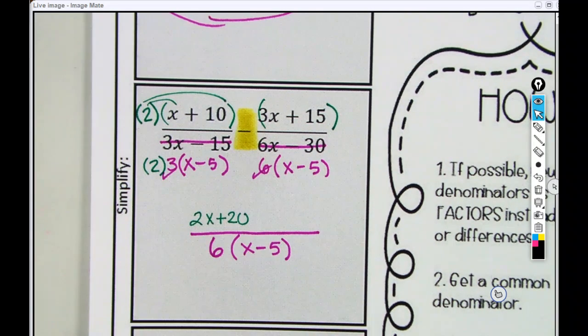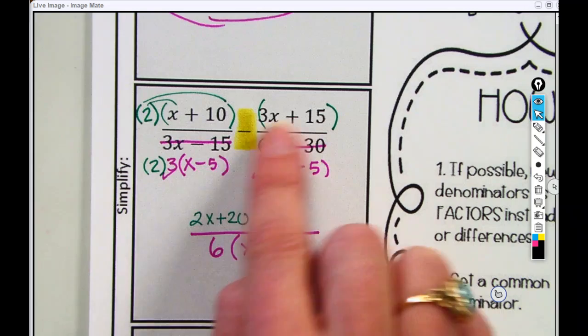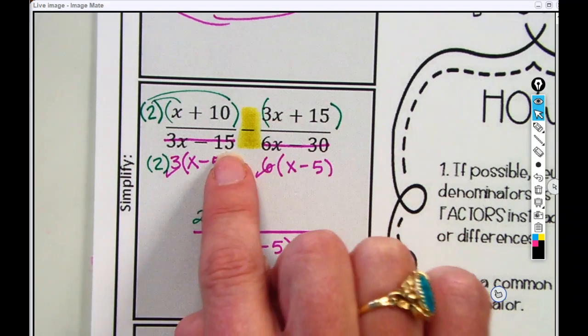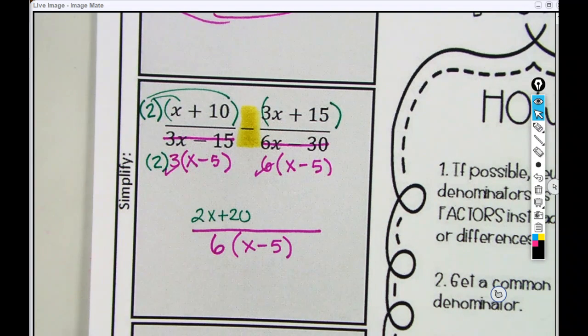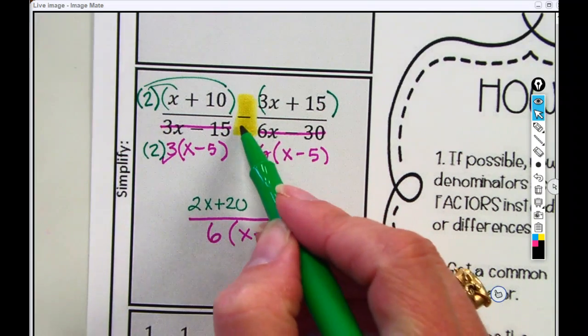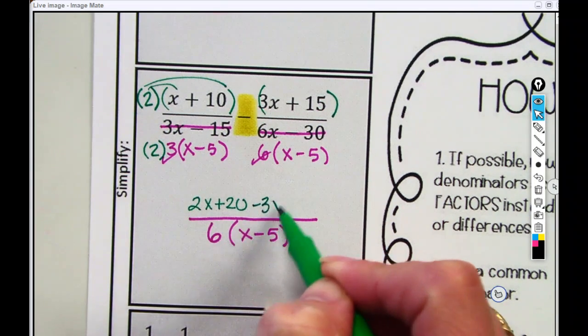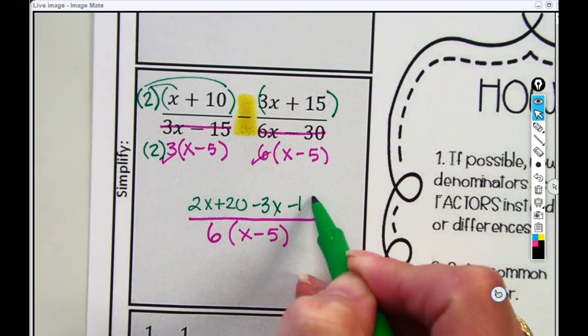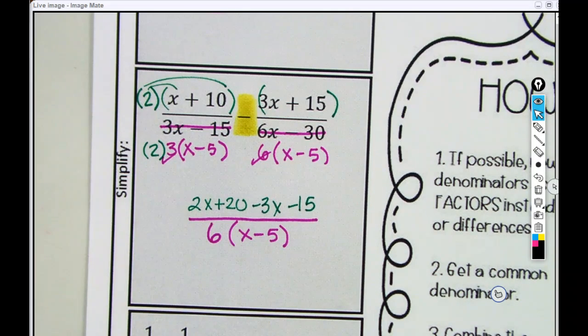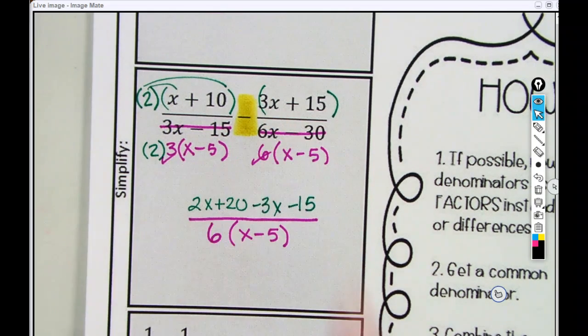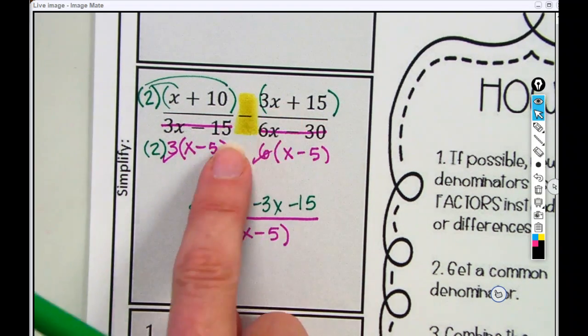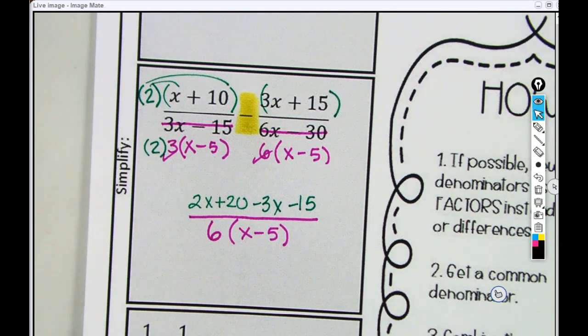So it can only go to one place. So traditionally, we take it to the numerator. So as I write this down, I've got a minus 3x and a minus 15. Those parentheses around that second fraction numerator kind of help my eyeball see that that negative needed to be distributed through there. So that's part of the reason I like to do that.